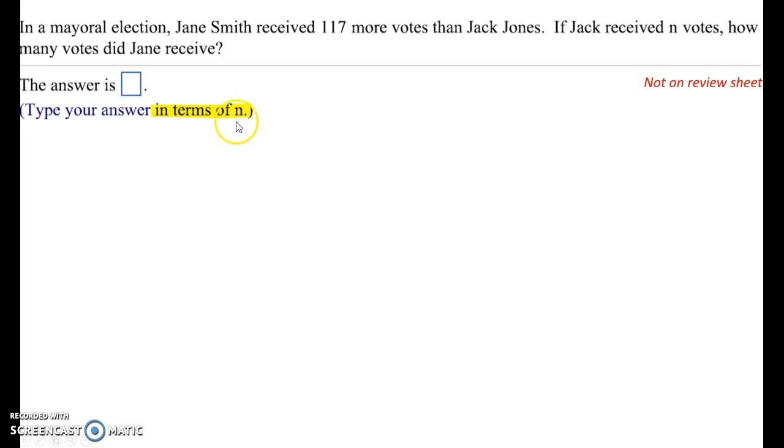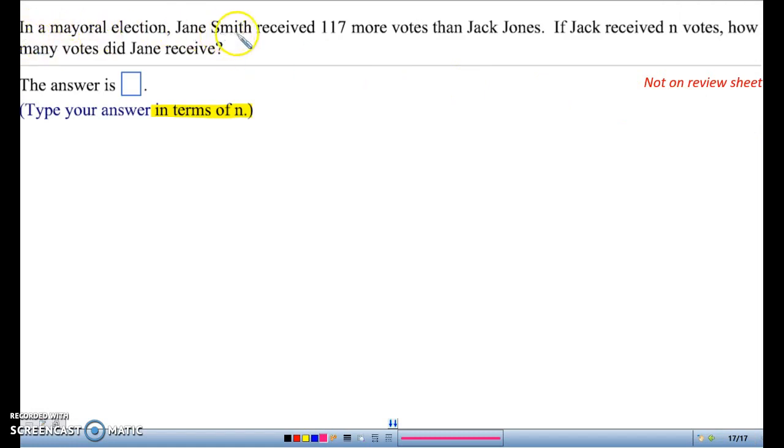They are looking for an expression that has an N in it. Okay? Now, let's go back and reread it a second time. It says Jane Smith received that many more votes than Jack Jones. She received 117 more, that implies addition, than Jack. If Jack received N votes, well, we're going to call the number that Jack received N. How many votes did Jane receive? Right there sets up your expression.